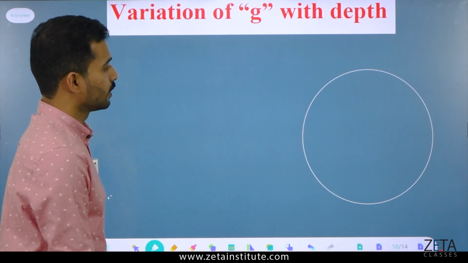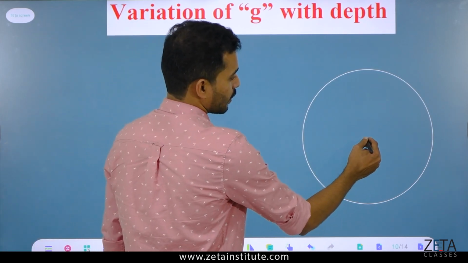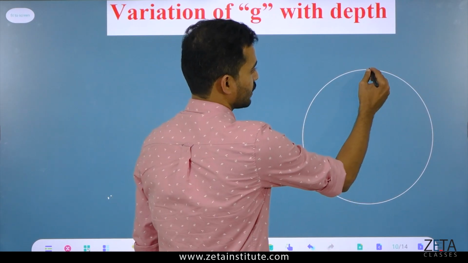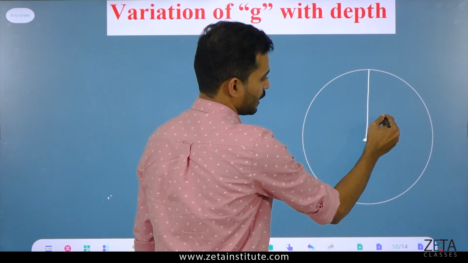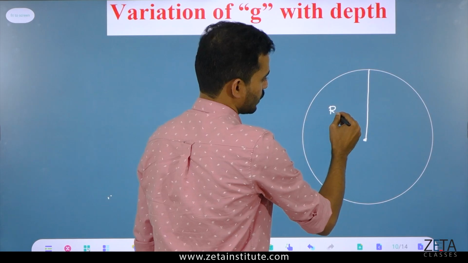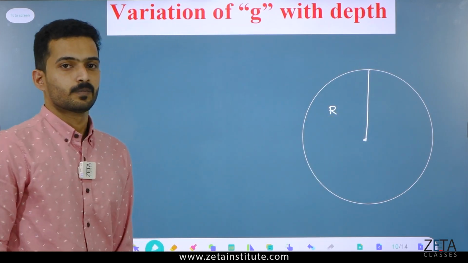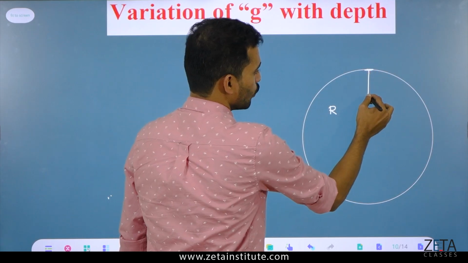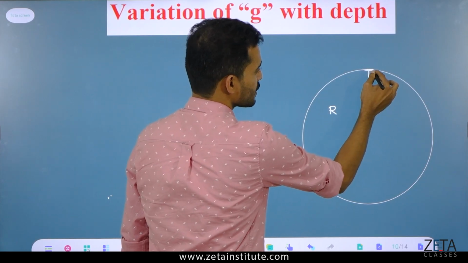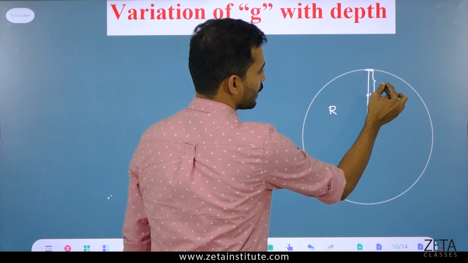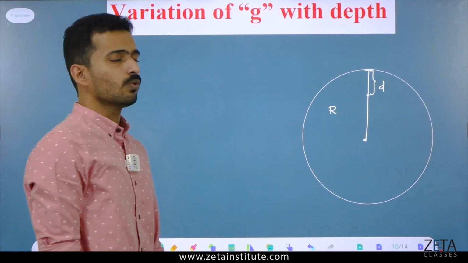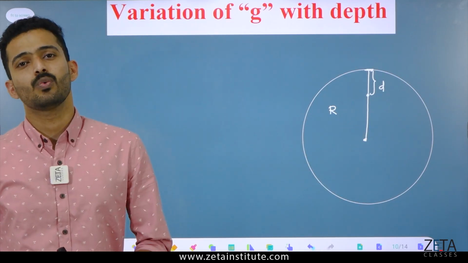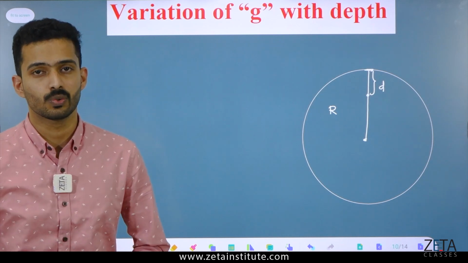So here, listen, this is the center of the earth and this is the radius of the earth. When we go down, this is the surface of the earth. When we move to a depth d, so this is the depth d, what happens to the value of acceleration due to gravity?